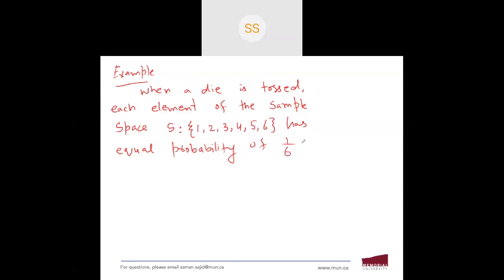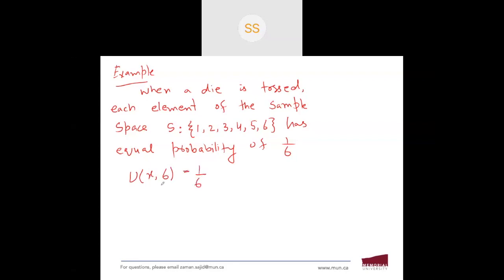That means if you toss a die, maybe you will get 1, maybe 2, maybe 3, maybe 4, 5 or 6. These are all equal probability, or there are equal chances that you can get that number. So the probability will be 1 over 6, or I can write it as U(x; 6) = 1/6.